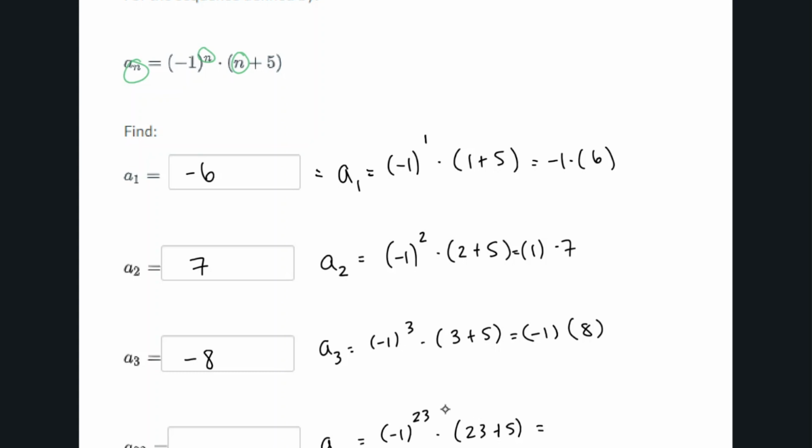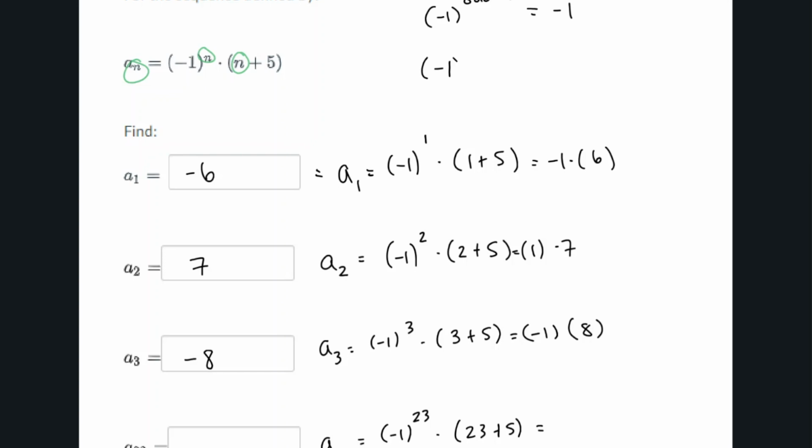And if you're uncertain here, remember negative 1 to an odd number will always end up being negative 1, because every odd number you can think of as an even number plus 1. The even part of the exponent will always multiply itself out to be positive, and then you have that 1 left over that will turn it negative.